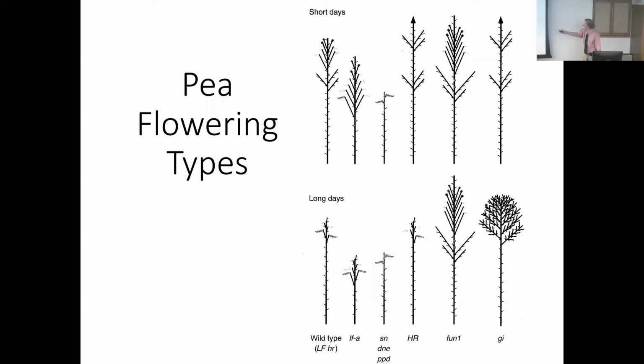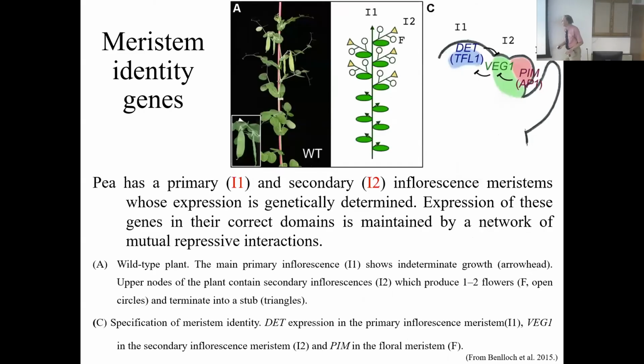Here's a range of the many different branching patterns as peas flower. And here's the basic idea. The main stem has an apex which keeps growing. We call that I1, a primary meristem. And off at the axillary buds, another branch starts, and that has a meristem which we're calling I2.